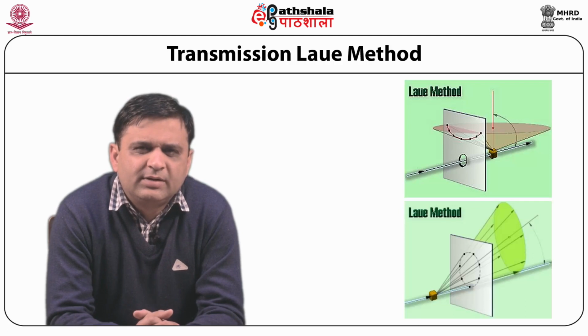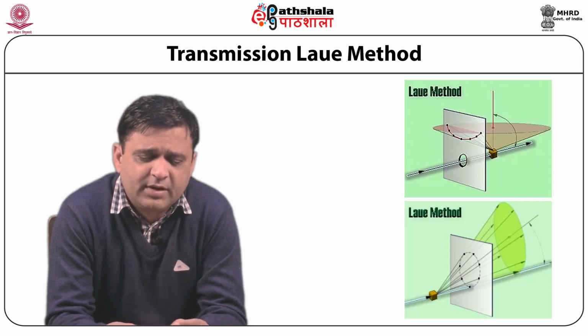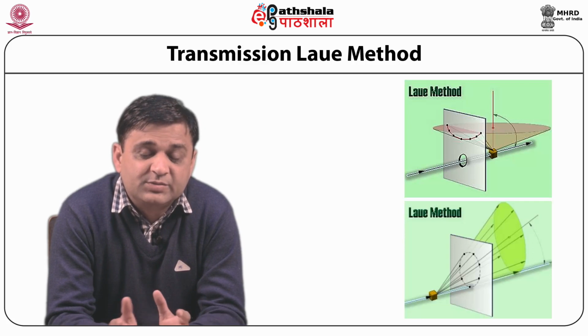The Laue diffraction experiment is rather simple in its geometry, because what you need is an X-ray beam which can be polychromatic, and you put a sample in the beam and you see the geometry either in reflection or transmitted intensity.